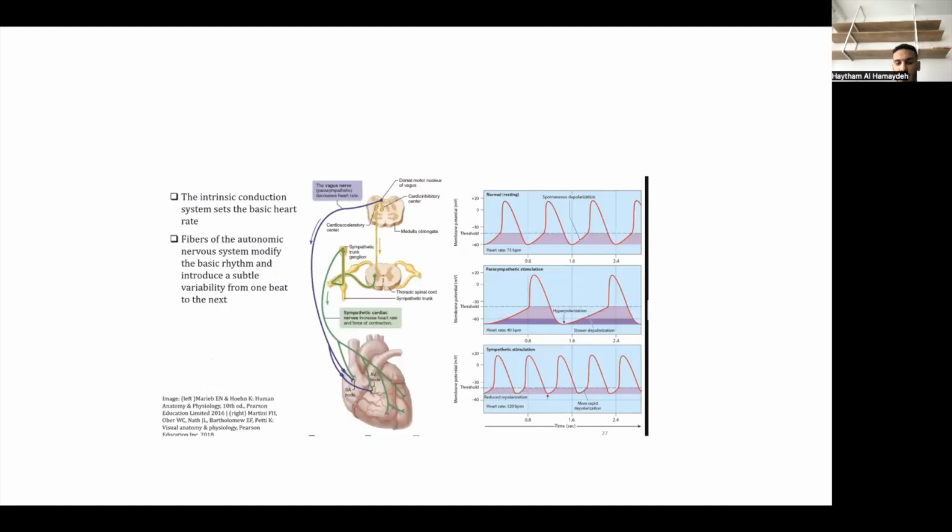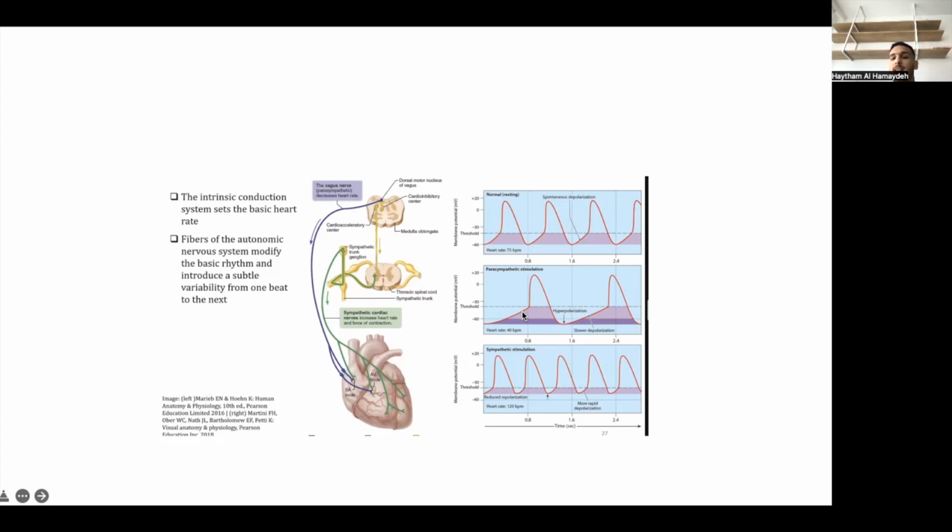Now, how the parasympathetic and sympathetic nervous systems affect the rate of the heart. The parasympathetic causes the action potential to take more time to be reached because it spaces this out.